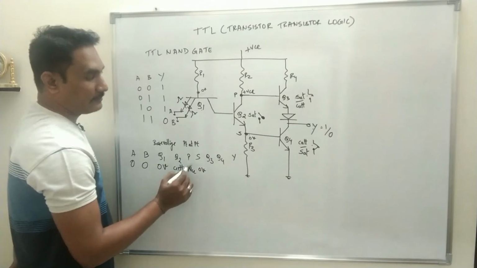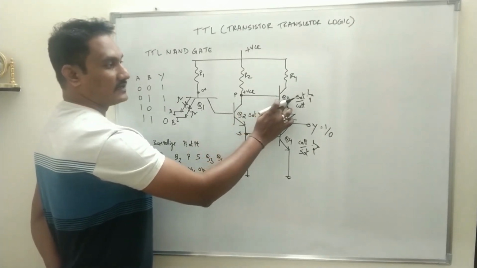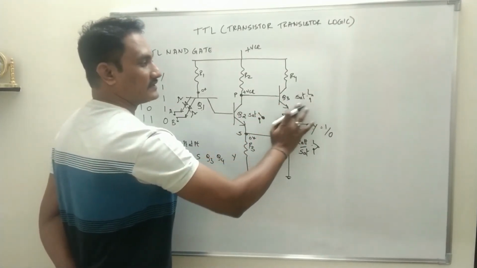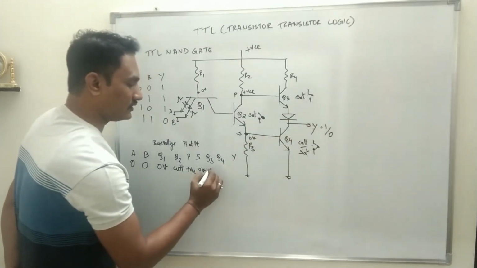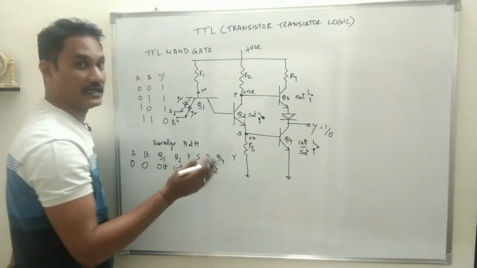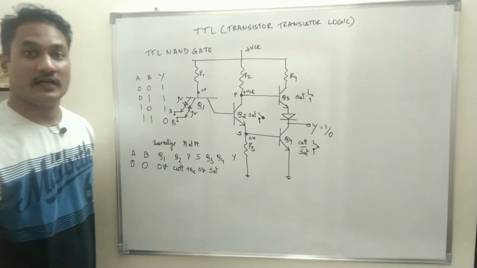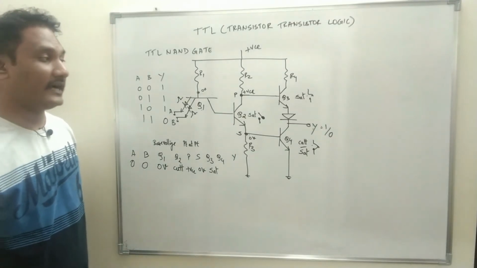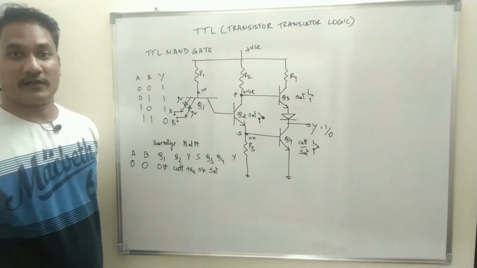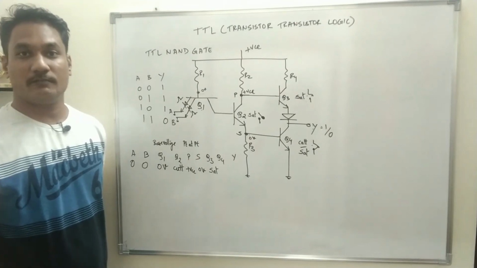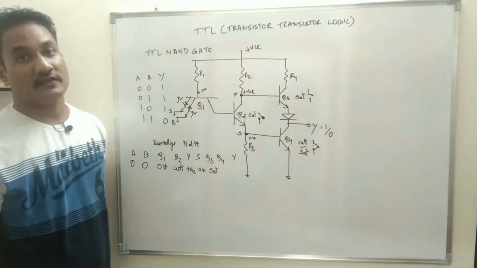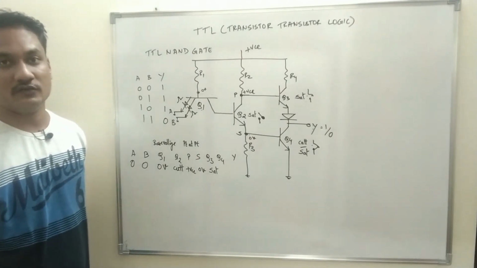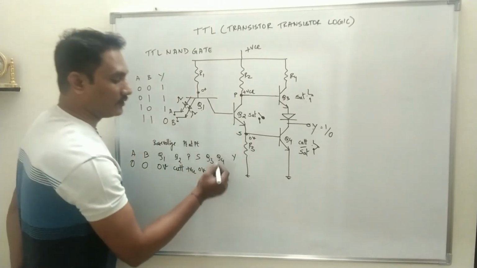So if potential at P is plus VCC, the transistor will go into saturation region. We have already understood how a transistor can be used as a switch. So if plus VCC, positive supply, is given to the base, the transistor goes into saturation region. If 0 volt is given, the transistor goes into cutoff region. So the same condition will prevail here.